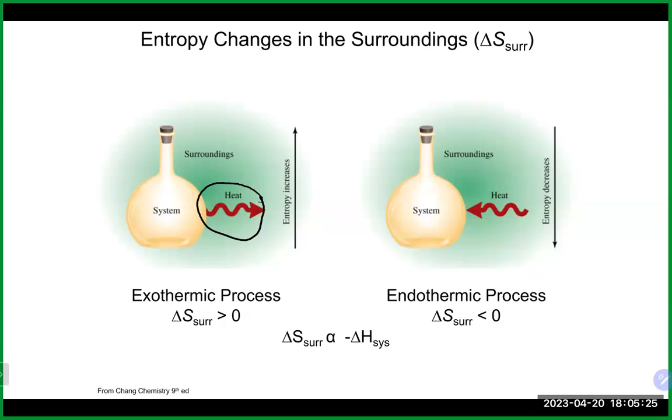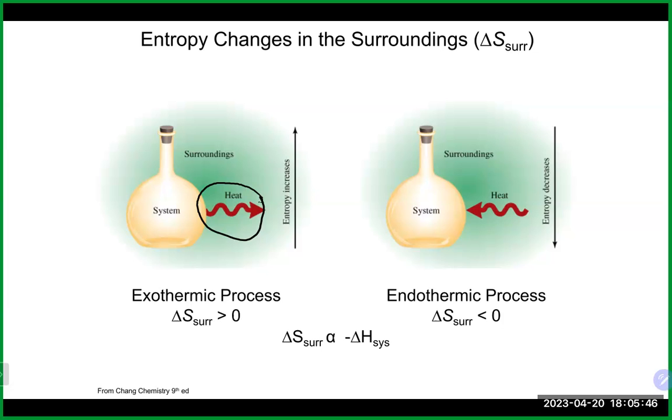Should it go up or should it go down? It should go up, right? It's picking up all that energy, which is going to make the surroundings crazy and wild and moving around. So we would expect an increase in the amount of entropy, which means the change in the entropy for the surroundings should become more positive.